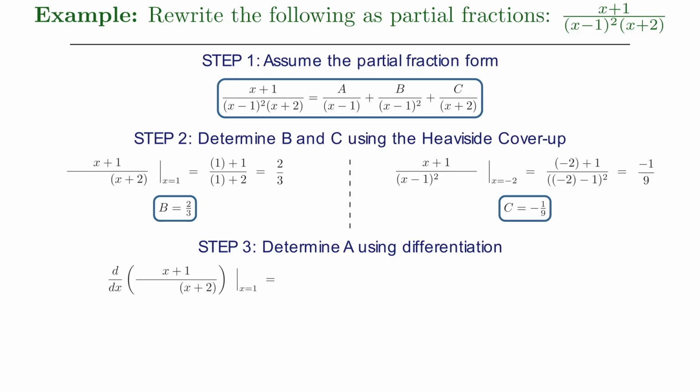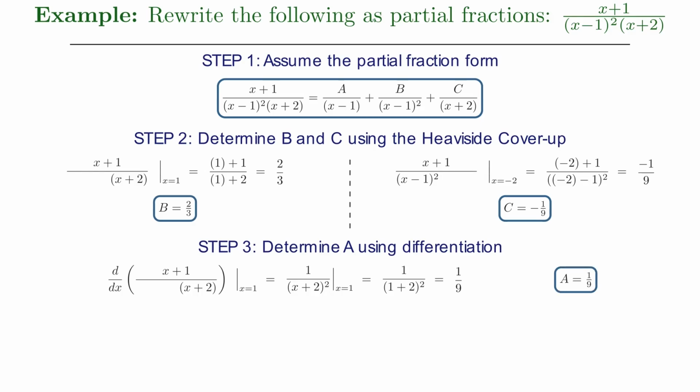The derivative of (x + 1) over (x + 2) is equal to 1 over (x + 2)^2. And I evaluate this at x equal to 1. So this gives me 1 over 3 squared, which is 1 over 9. Therefore A is equal to 1/9.